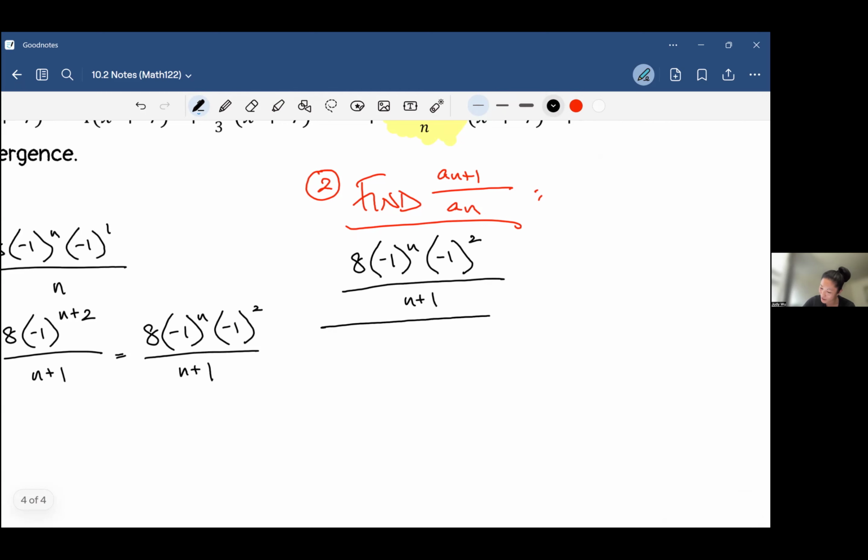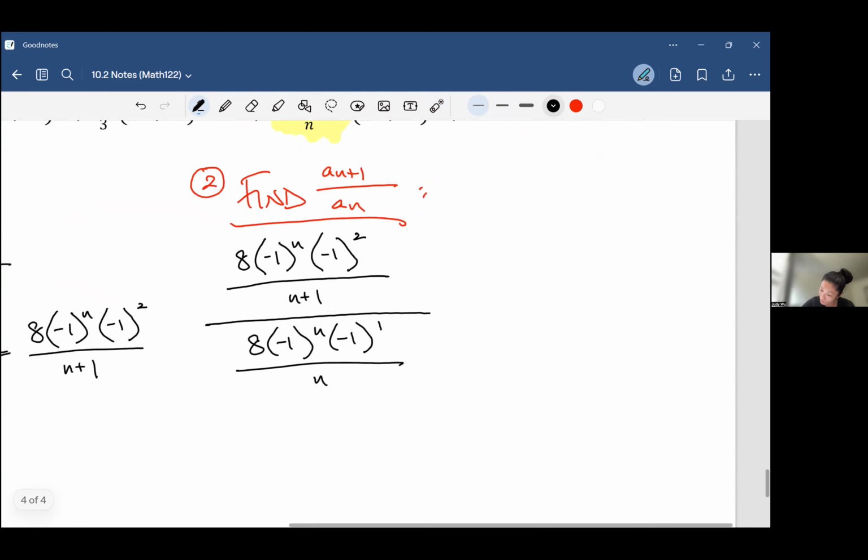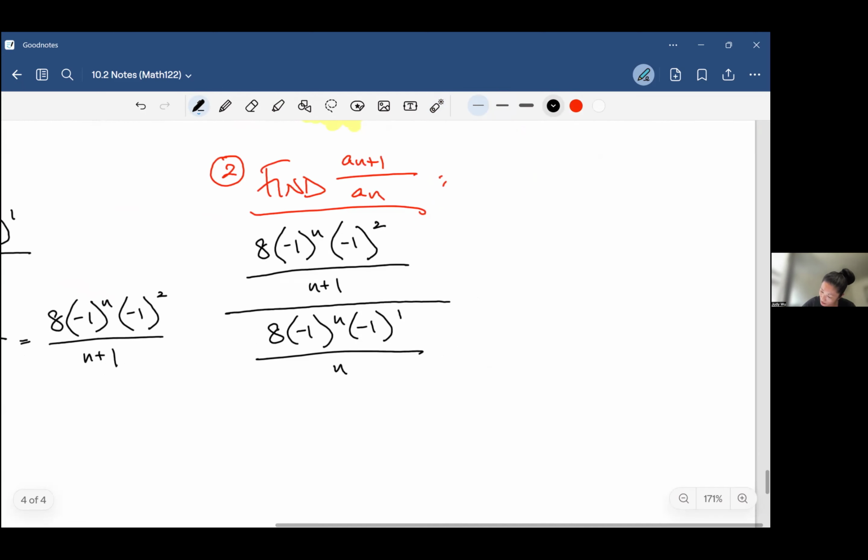And I'm going to divide that by my a sub n. So this one we can see starts to look more like the first question where we've got a fraction divided by a fraction. But we know how to handle that. We're going to keep the first fraction, we're going to turn the division into multiplication, and we're going to flip the second fraction. So let's write that.